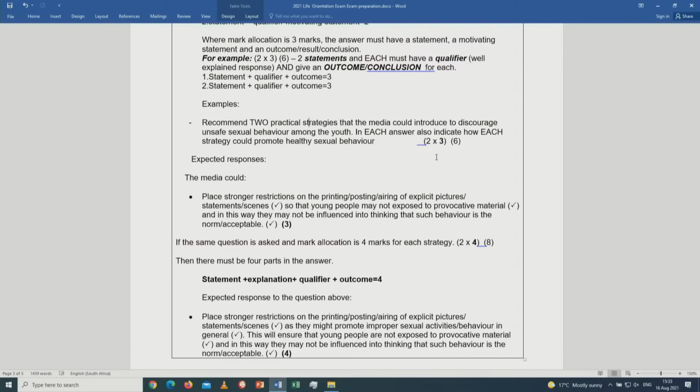If in the half a page there's a fact and another fact and another fact and another fact, such that there are even 5 facts or 5 statements without the statements being qualified or being elaborated on or being explained, then you will only have 1. And the teacher will write, exceeded the number of required responses.